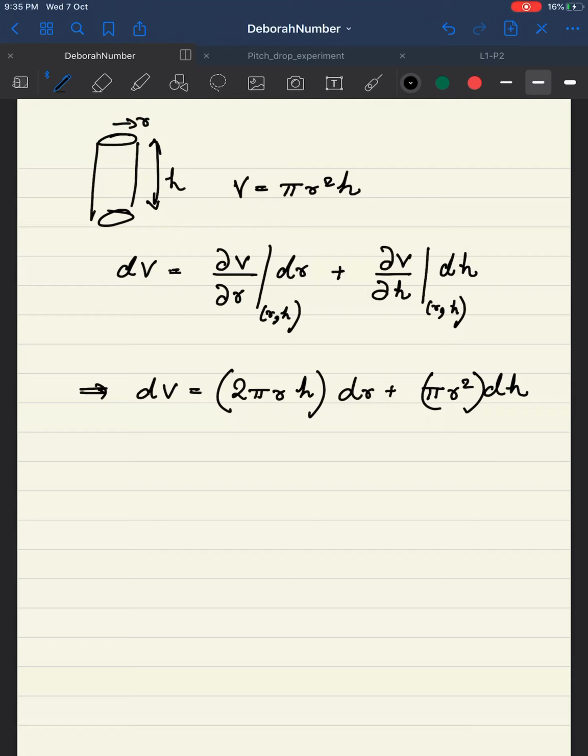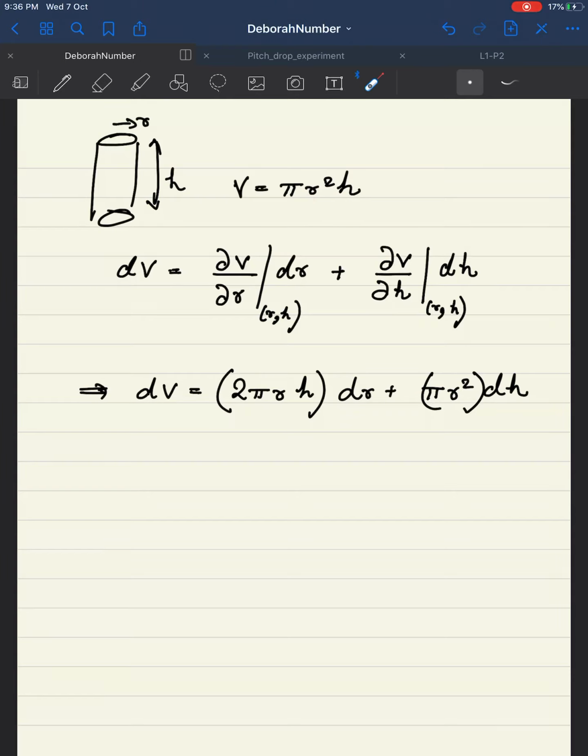So let us say that you are facing an engineering problem where you have this cylinder and you are trying to measure the volume using the measured variables, which are r and h in this particular case. Now, whenever we do any experiments, we always have experimental uncertainty.